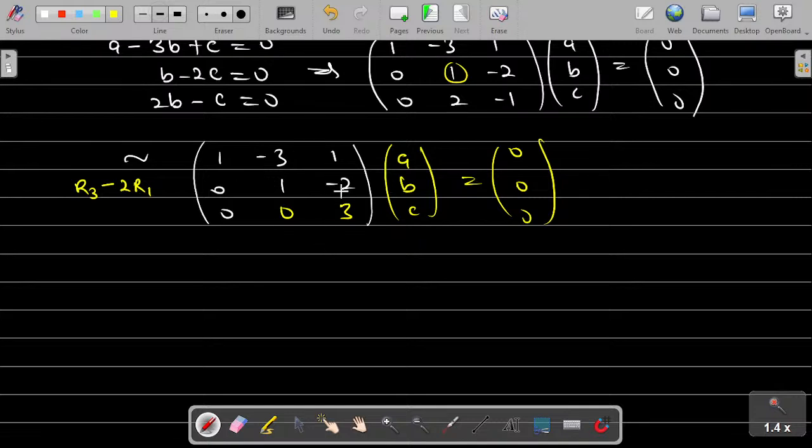Okay, look at this. If we do this multiplication now, I think we are going to get all our A, B, C to be equal to 0.